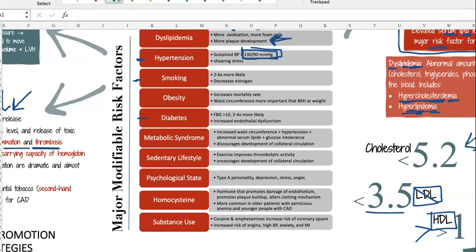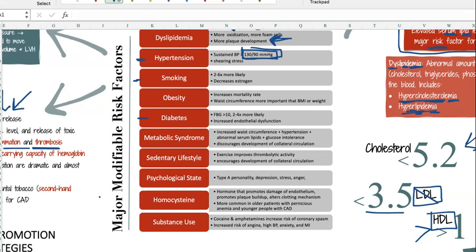So they come in having a myocardial infarction, a heart attack, STEMI, NSTEMI, whatever you want to call it, and that's when they realize that it was caused by sustained elevated glucose levels. So if you're diabetic, you're more likely to develop atherosclerosis at a younger age.